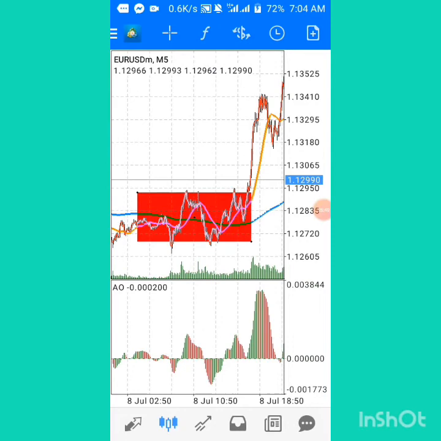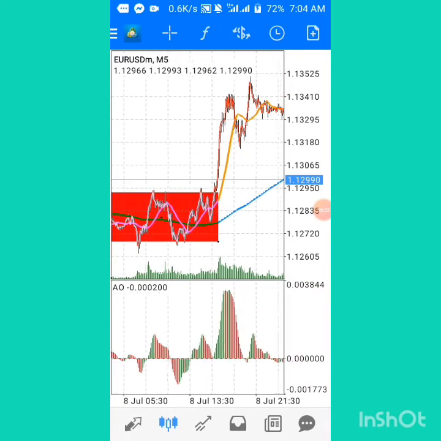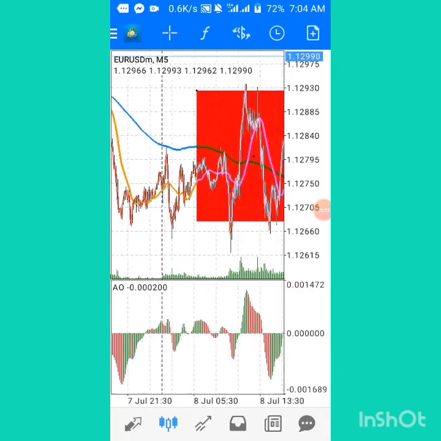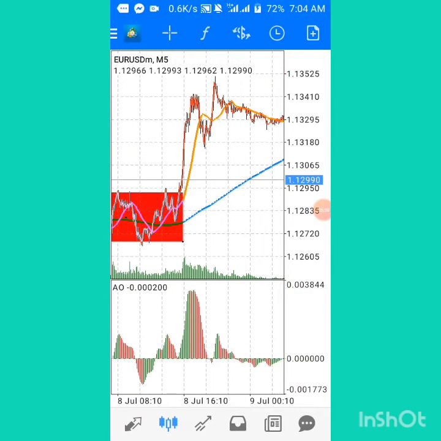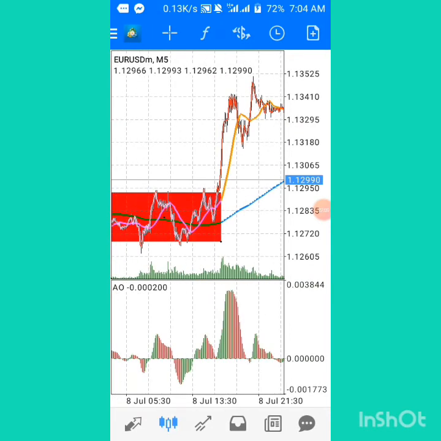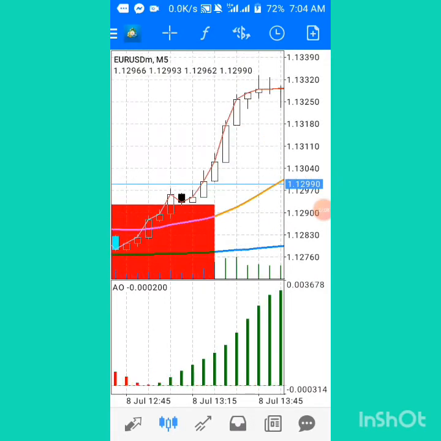Then you have your breakout, and this is a cross from below the blue line to the top. So that shows you are going to buy Euro USD, and your one linear weight moving average is even ticking up. So just ride along and jump in.